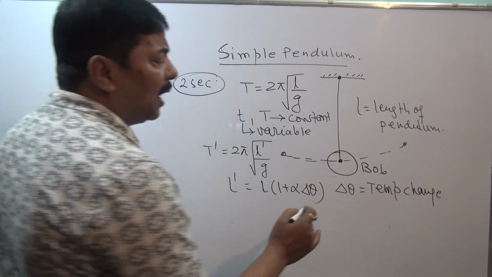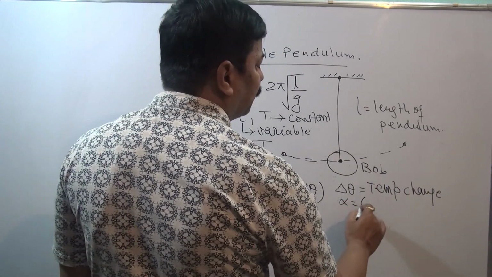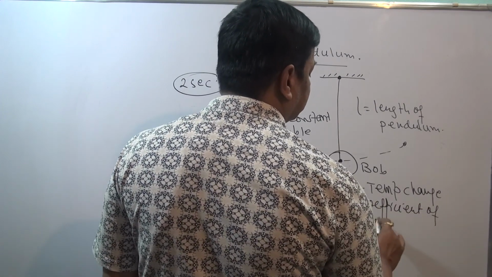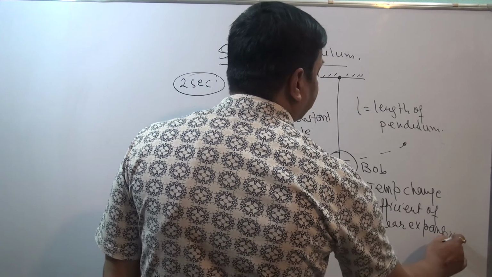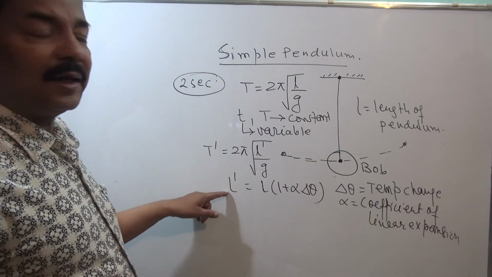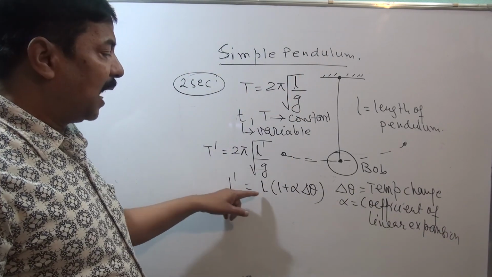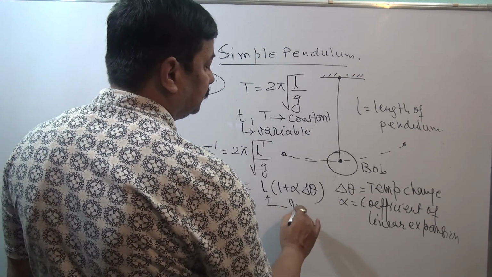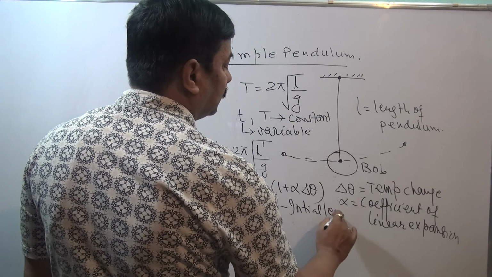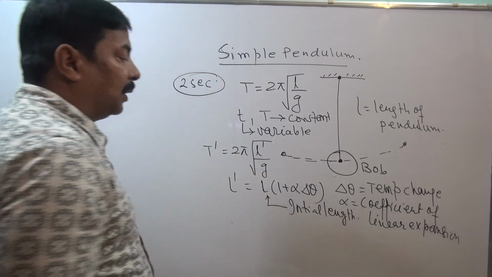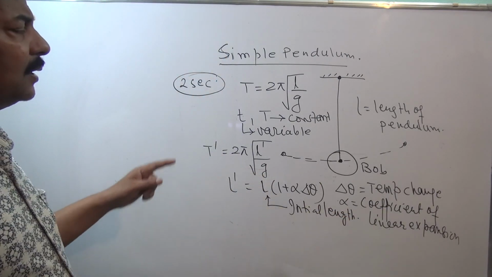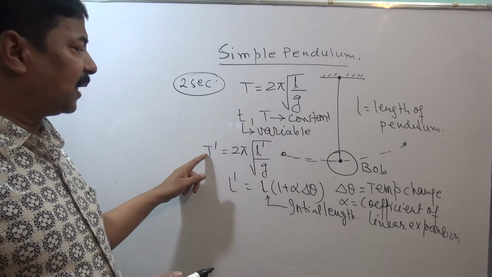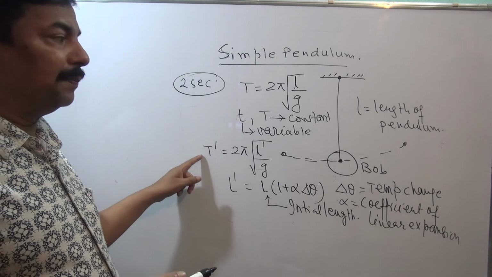Now alpha, as you understand, is the coefficient of linear expansion, and this is the final length after the temperature has changed, and this in fact is your initial length. Now you try to understand that this is the time period of simple pendulum and this is the time period of simple pendulum after temperature change.